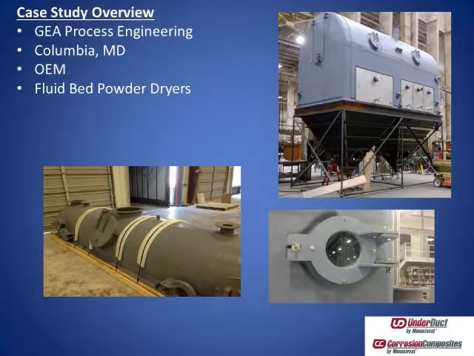But when they start to dry CPVC powder, then they have hydrochloric acid condensate because of the chlorinated polyvinyl chloride. So instead of using titanium like they used to use, we designed this system for them. And there's internal baffles, there's heaters in there.